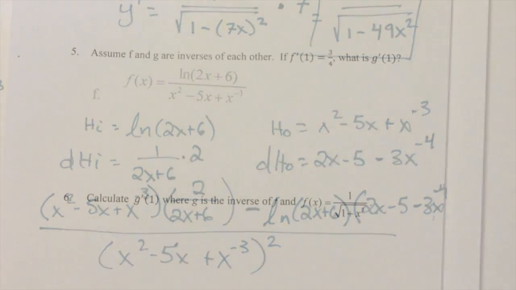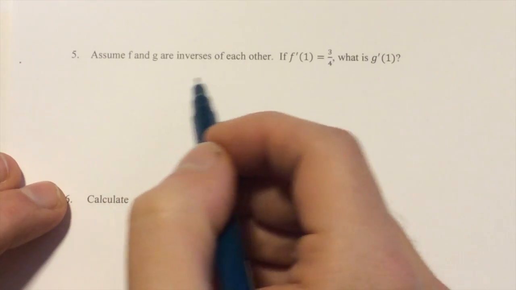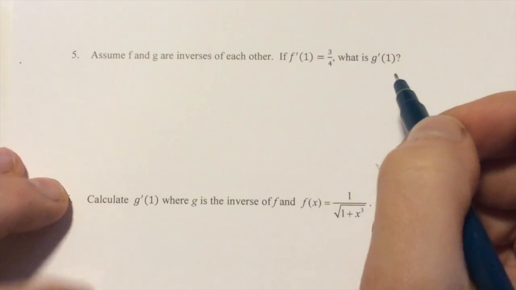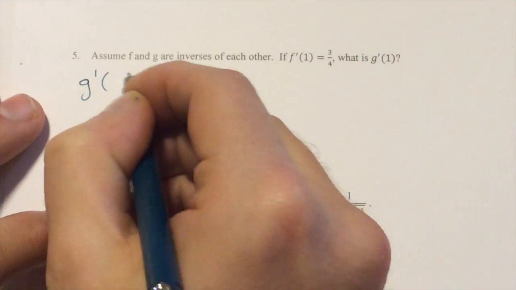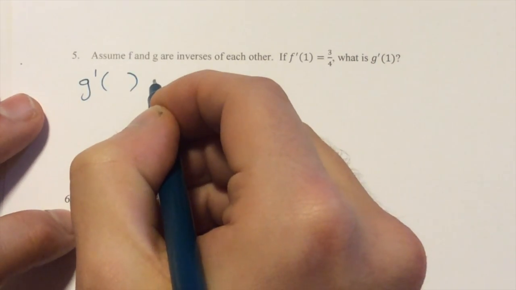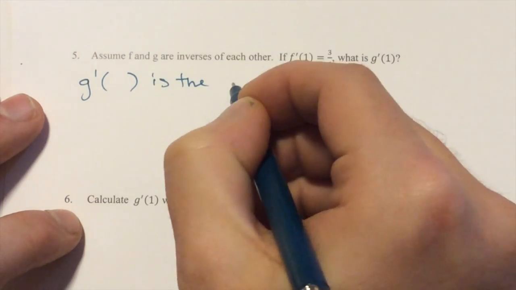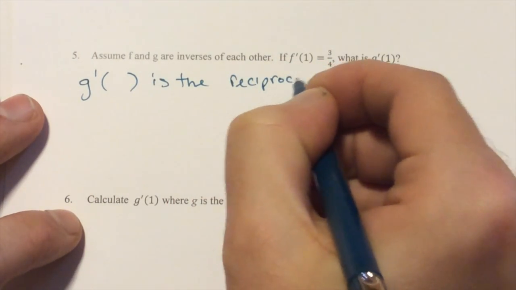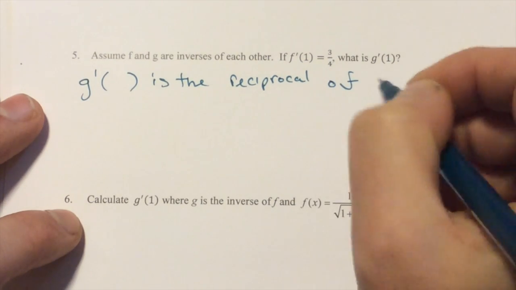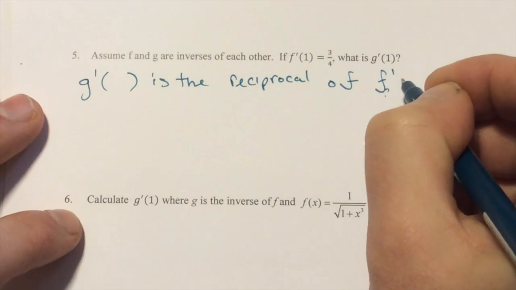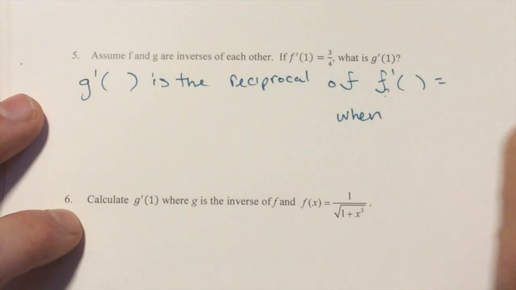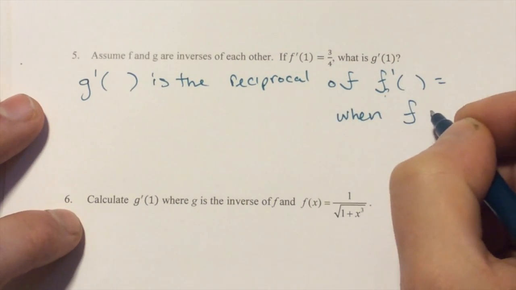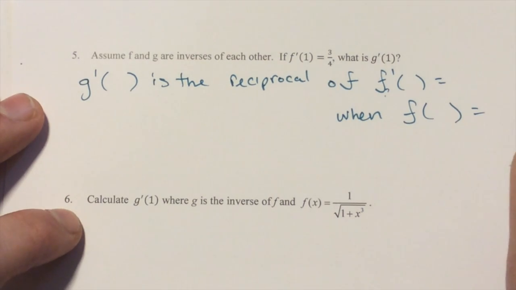Let's move on to the second page. If we look at number 5, it says, assume f and g are inverses of each other. Remember, with inverses, g prime of something is the reciprocal of f prime of something, when f is equal to a value.